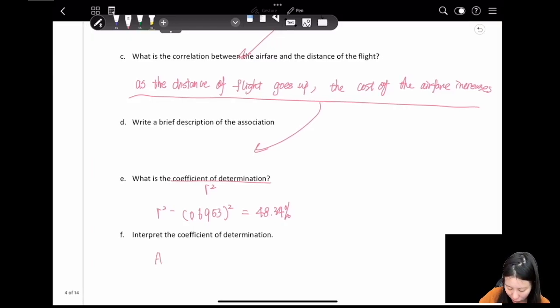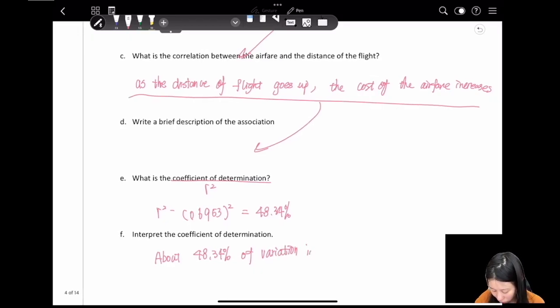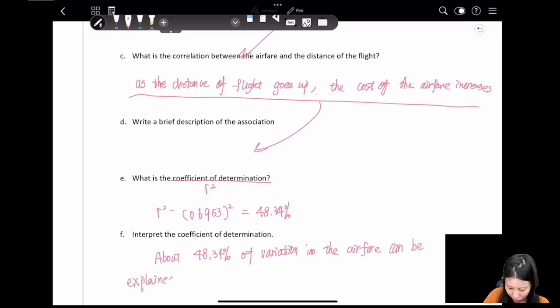So we can say, about 48.133% of the variation in the airfare can be explained by the variation in the distance of the flight.